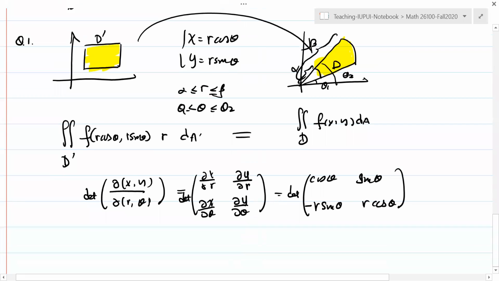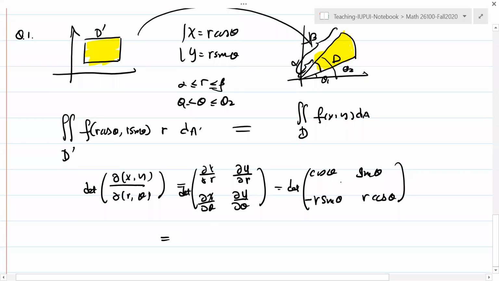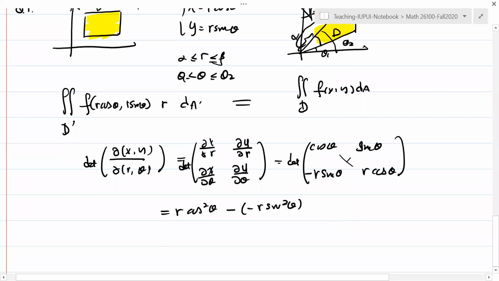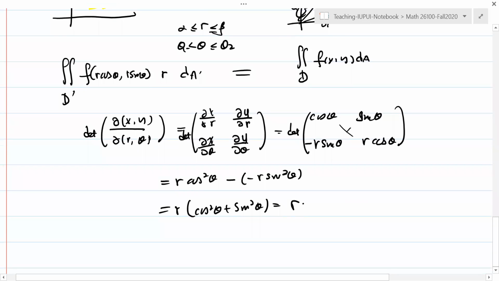So how do you calculate the determinant? Just cross product. It's r cosine squared theta minus negative r sine squared theta. When you do the calculation, it's cosine squared theta plus sine squared theta, which is just equal to r. So the absolute value is still r.